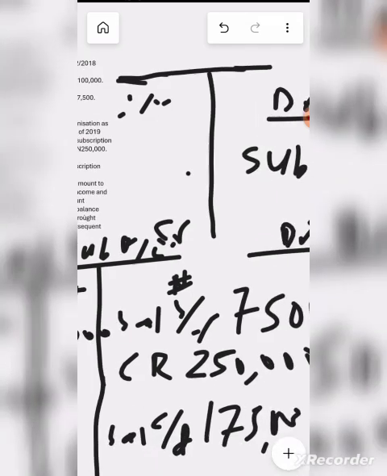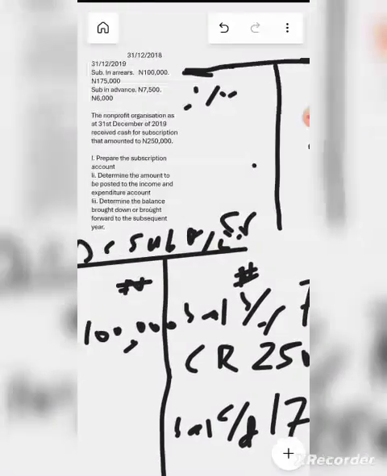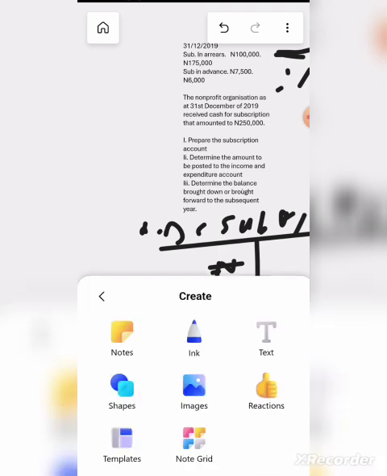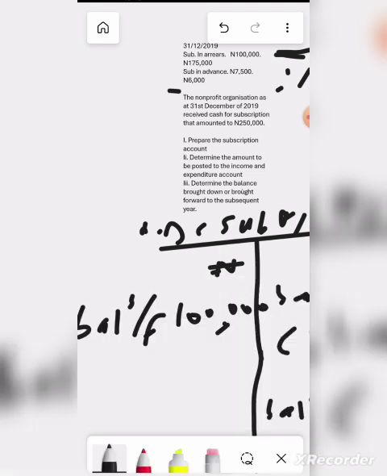Then we have a balance brought down of 7,500 naira on the credit side. Then we have the equivalent balance as we can see in the question here, sub in advance. So we have sub in advance as you can see here. The sub in advance of 6,000 naira.